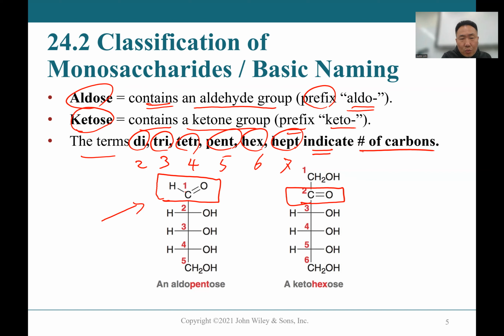In this case, 1, 2, 3, 4, 5 carbons, so we can call it an aldopentose. In this molecule, 1, 2, 3, 4, 5, 6 carbons, so ketohexose.